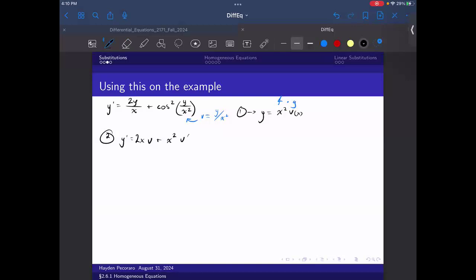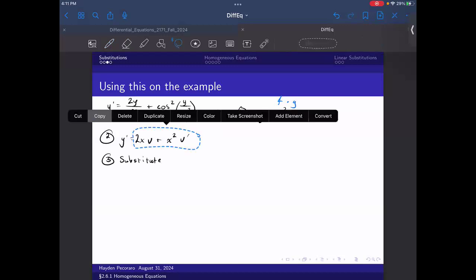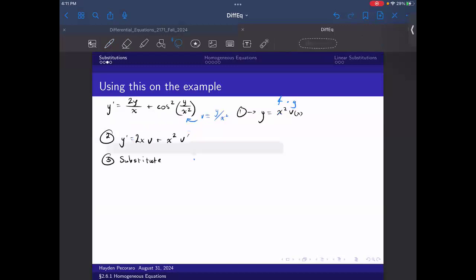Okay, so there's y prime, and we have y, and now we want to substitute all of that into our differential equation. So y prime is all this stuff, which we can just copy here.